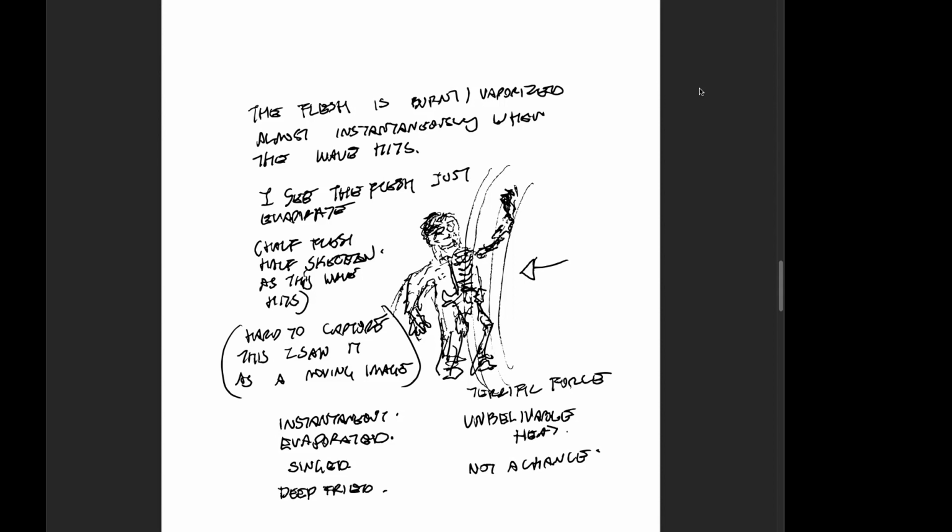And as this wave hits, I literally saw anything that wasn't bone basically instantaneously vaporized, instantaneously evaporated, singed, like deep fried with terrific force and unbelievable heat. Anything living, biologic would have not a chance of surviving this impact here.